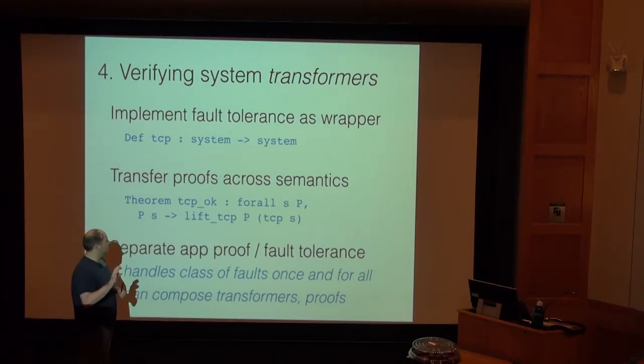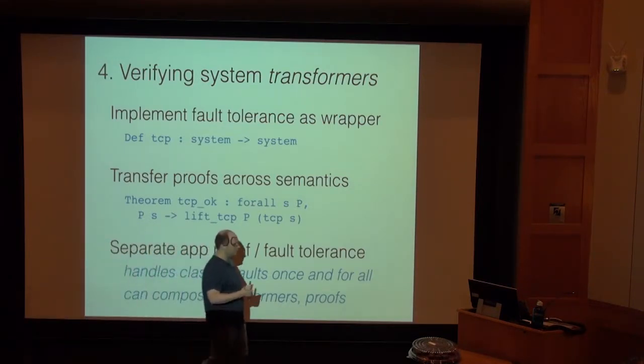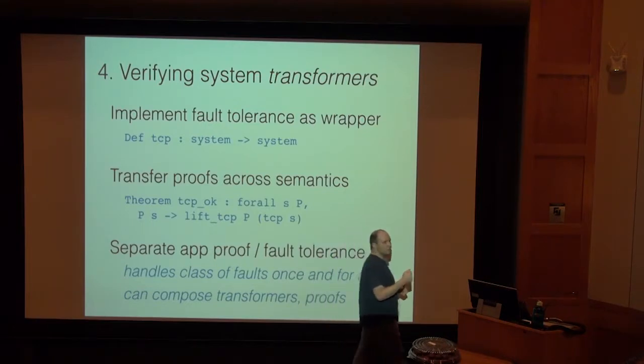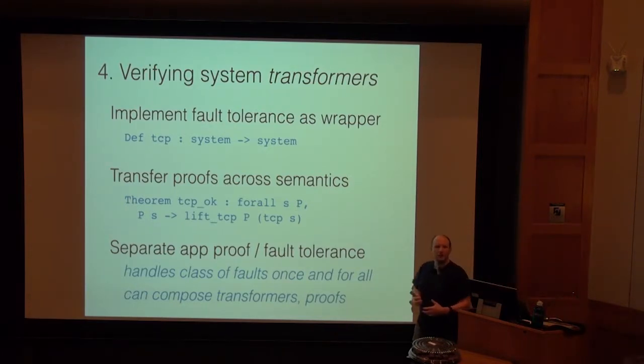We've made a small tweak. And the reason is that we're not always going to be able to actually guarantee equivalence, right? For example, if I'm in the in-order semantics, the ideal semantics, where messages are always delivered in the order they were sent, there are things I can prove about my behavior in that semantics that are just not provable in more adversarial models, right? In particular, things like liveness.